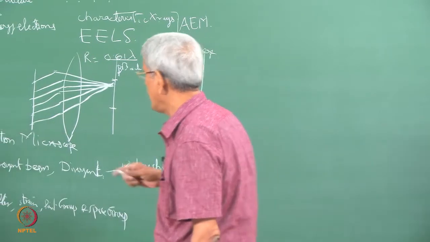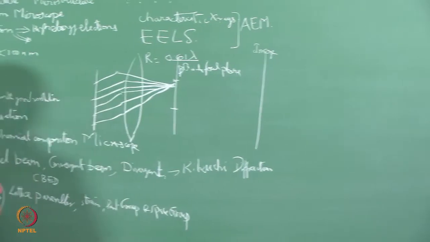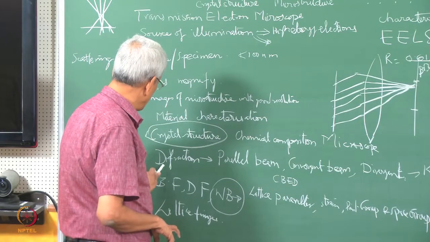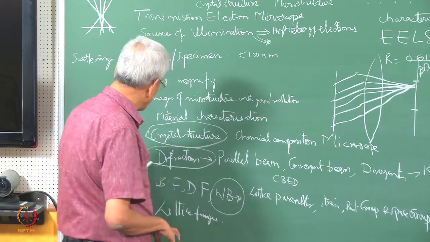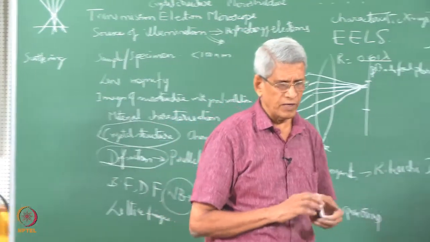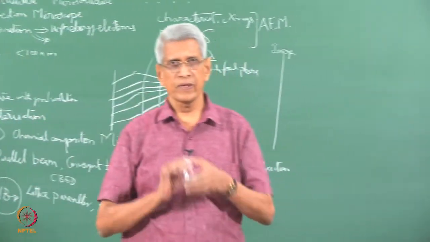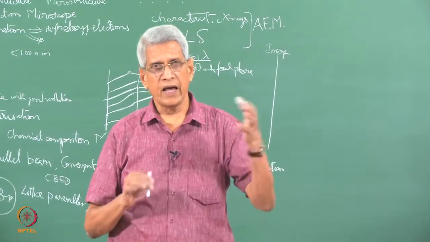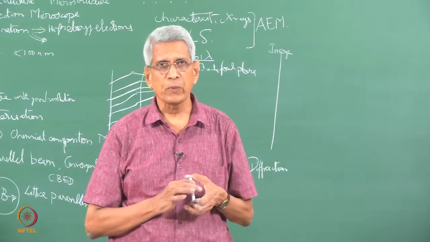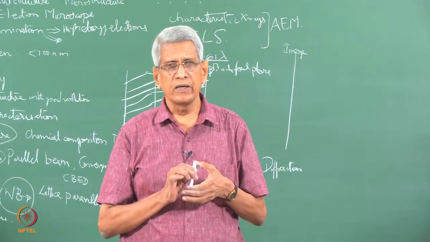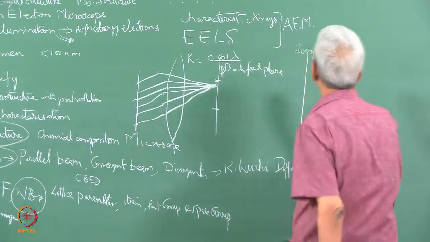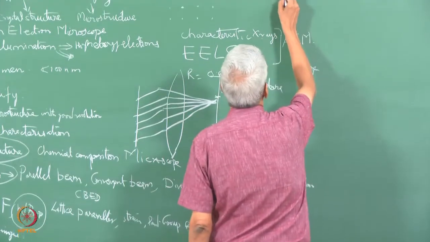So, first let us look at crystal structure information, how we can get it. In this we said that we can use the diffraction technique to get this information. The thing which one has to understand is the relationship between crystal structure and diffraction. There is another concept: when we talk of crystal structure, we talk in real space, and then we have to consider what is called the reciprocal space.